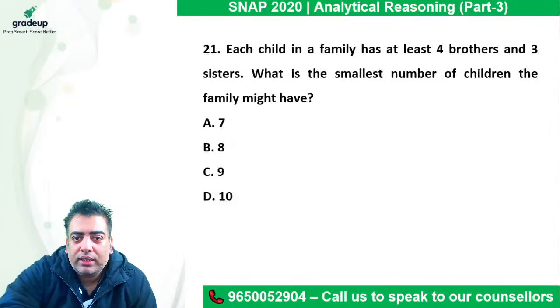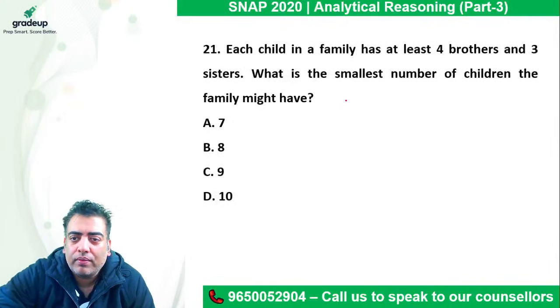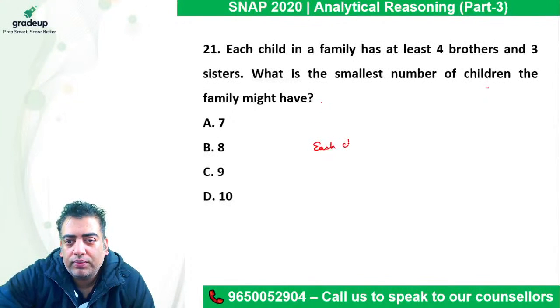So here he says each child in a family has at least 4 brothers and 3 sisters. What is the smallest number of children the family might have? So each child, when we talk about, can be a male or can be a female.